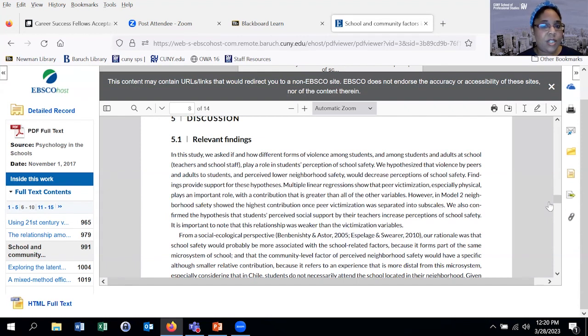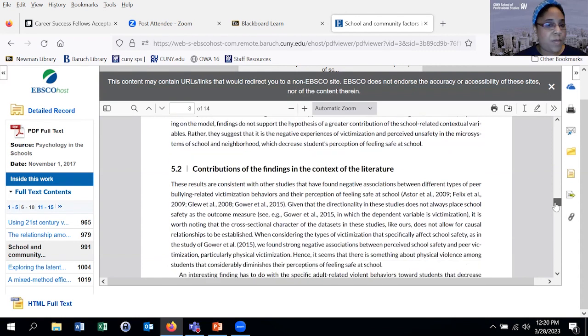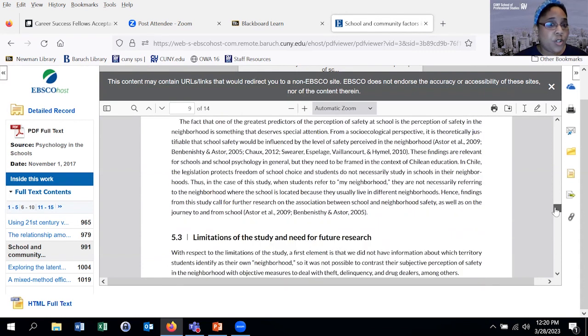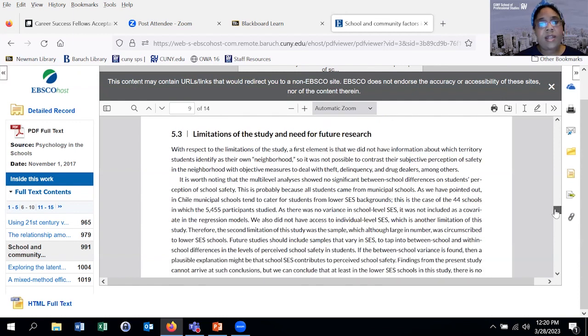And they're telling you how similar what they found is to prior research. And they're explaining to you the context for understanding their findings. So how is this relevant? Why is it relevant? They also tell you a bit about the contribution that their work makes, and they tell you about the limitations of their work. And that's obligatory.